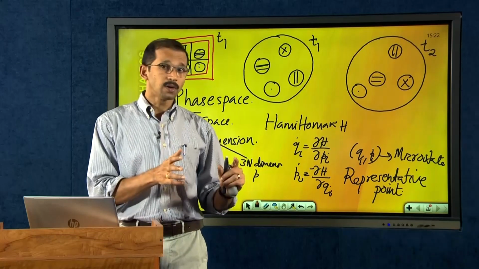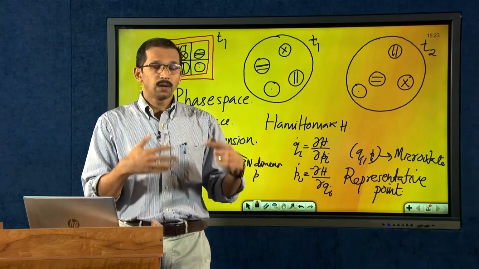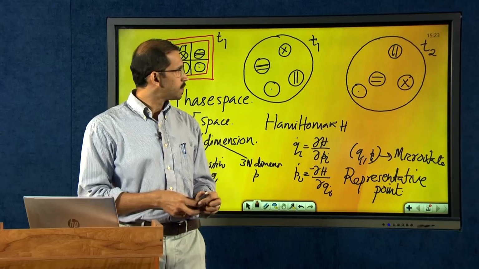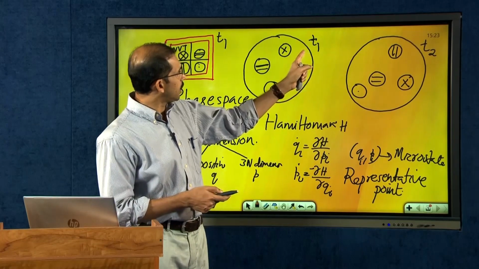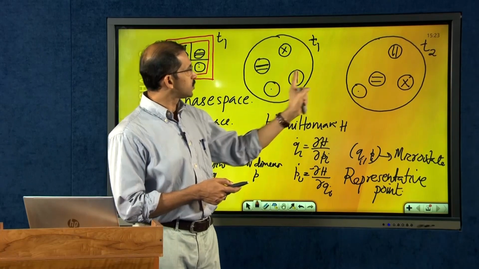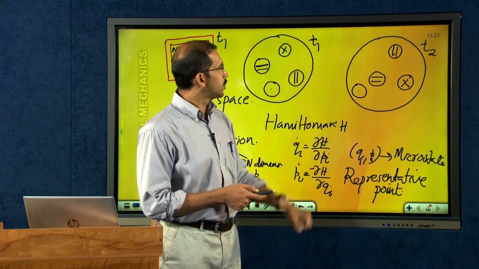And therefore, with each collision the number of microstates will go on increasing, and therefore, the entropy will increase. So, from T1 to T2 it is always safe to assume that in the classical regime we have evolved from here to this one.